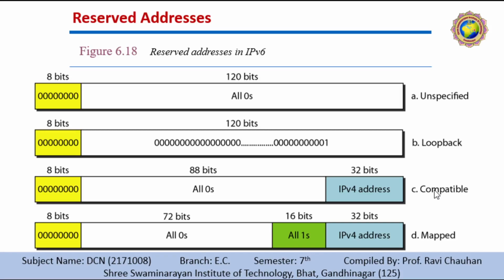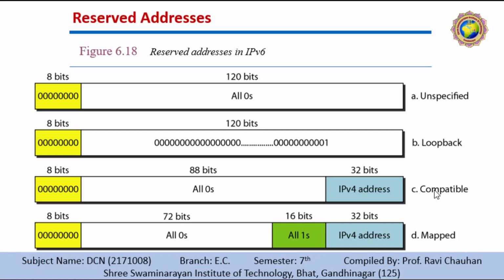Next is the compatible address. It is used during the translation from IPv4 to IPv6. It is used when a computer using IPv6 wants to send a message to another computer using IPv6, but the message needs to pass through a part of the network that still operates in IPv4.